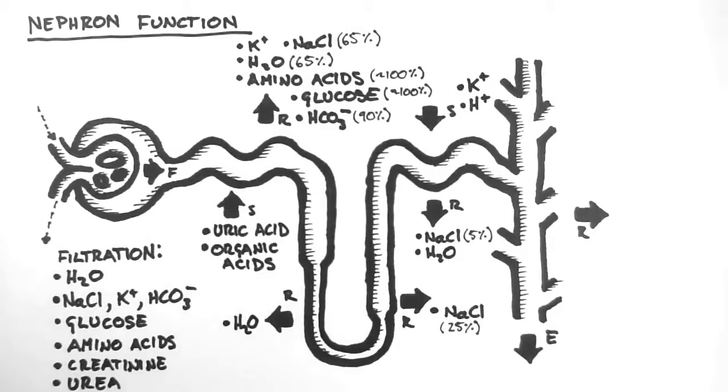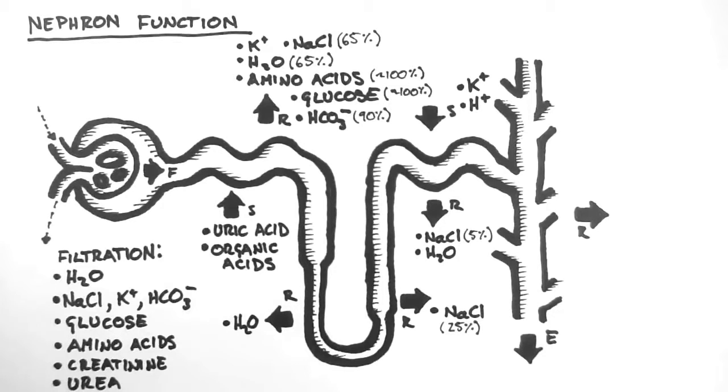This means moved back into the nephron. So a simple way to think about the nephron is that the proximal tubule does most of the reabsorption and secretion, the loop of Henle does the concentration, and the distal tubule does the fine-tuning.